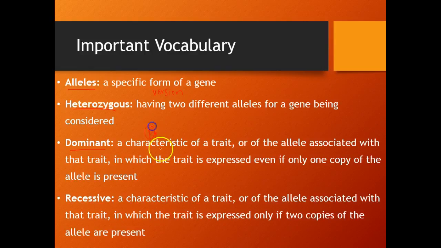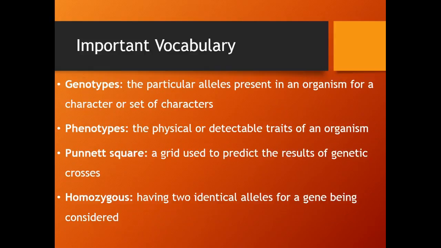The big P is dominant, so we're going to see whatever the big P trait is. We have recessive, which is the characteristic or the allele associated with the trait that is only expressed if you have 2 copies of that same allele. So that's like if we have a little p, then we'll be able to see that trait.